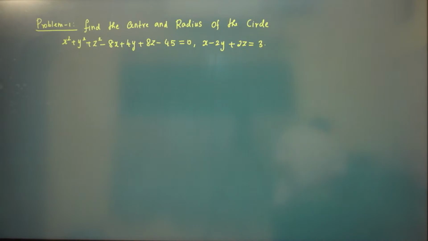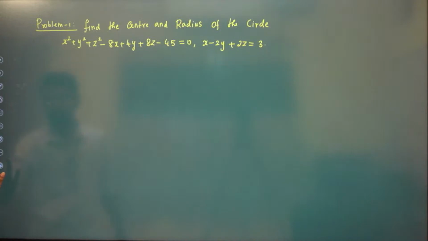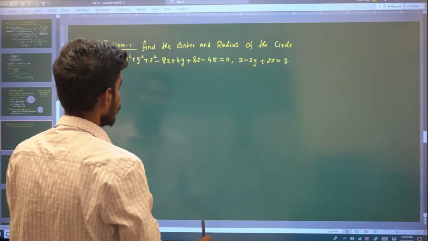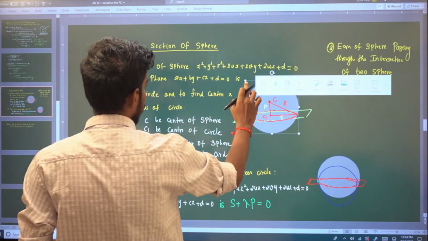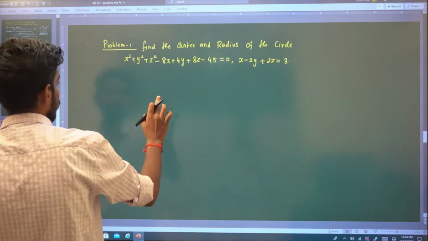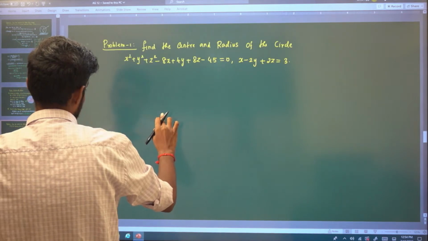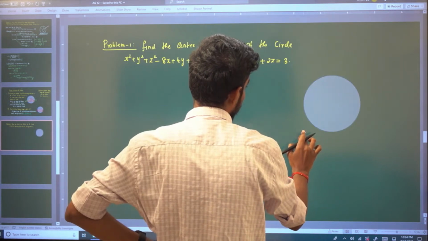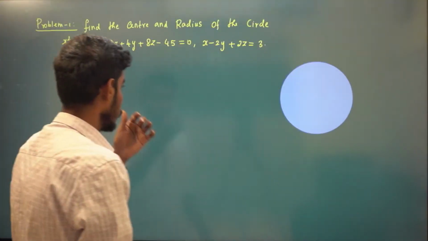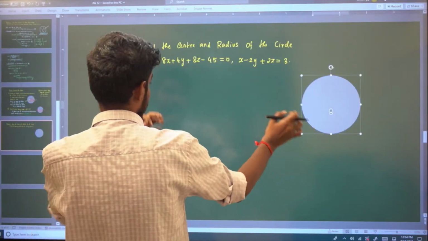So for a circle, they will give a sphere and a plane, right? So they have given the sphere and they have also given the plane. So we need to find the center and radius of that circle.